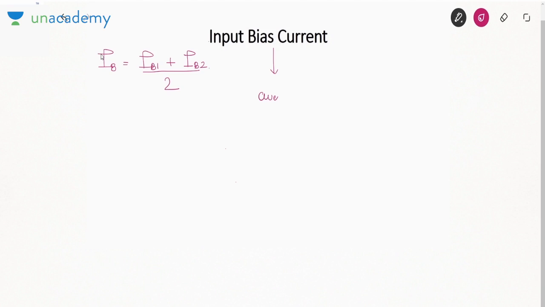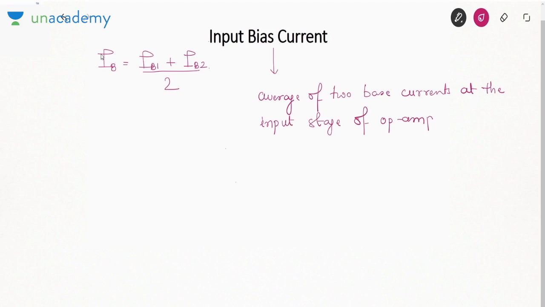It is the average of the two base currents at the input stage of the op-amp. Whatever the two base currents are, their average is called the input bias current. As simple as that.